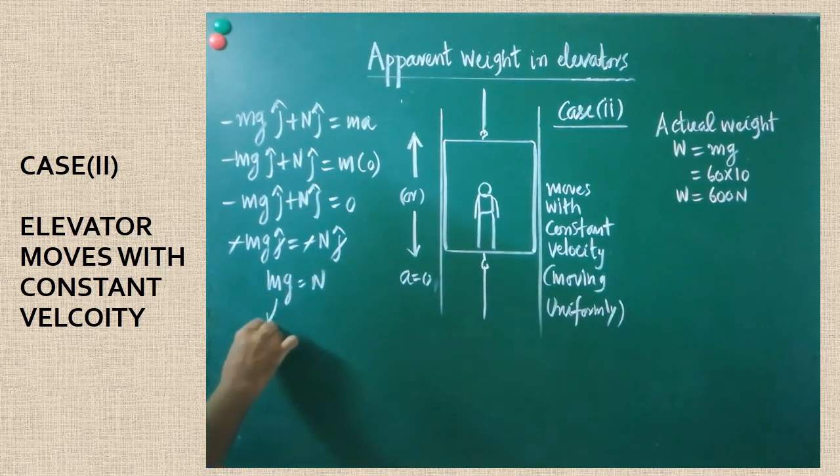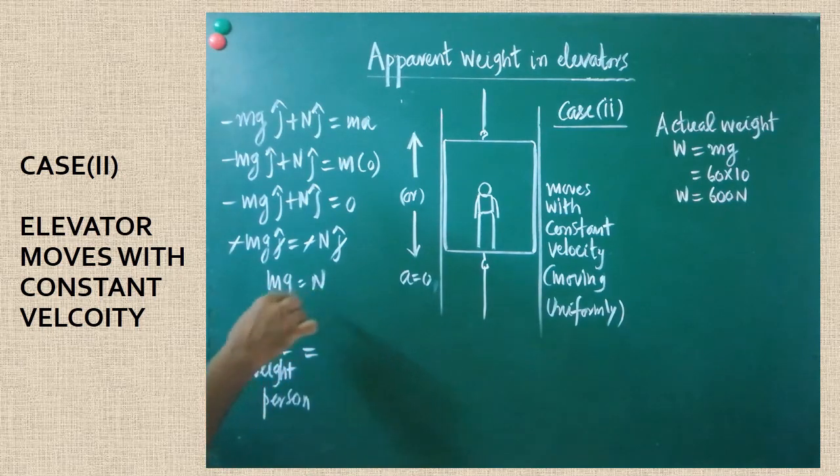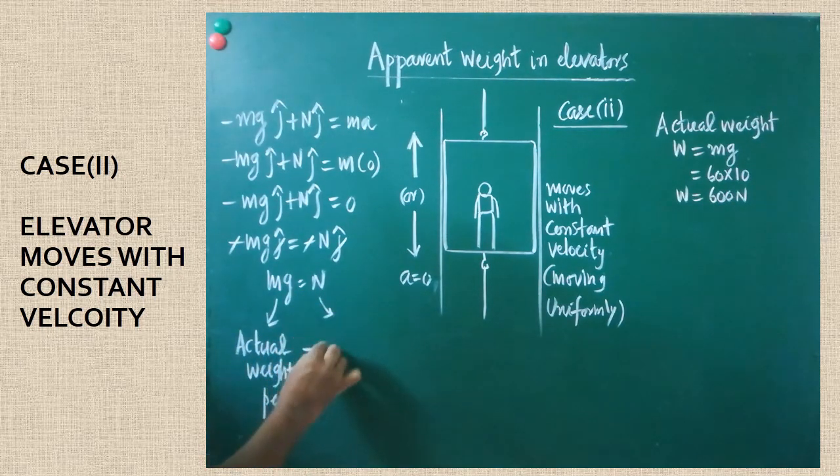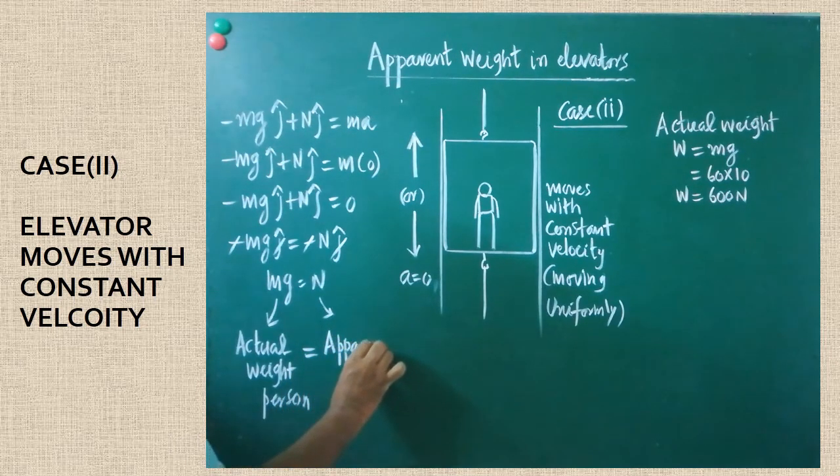This part gives you the actual weight. Understand? mg gives you the actual weight of the person. Actual weight of the person you will get, which is equal to, what is this? Normal force. Normal force always gives you the apparent weight. So in this case also, apparent weight of the person is equal to the actual weight.